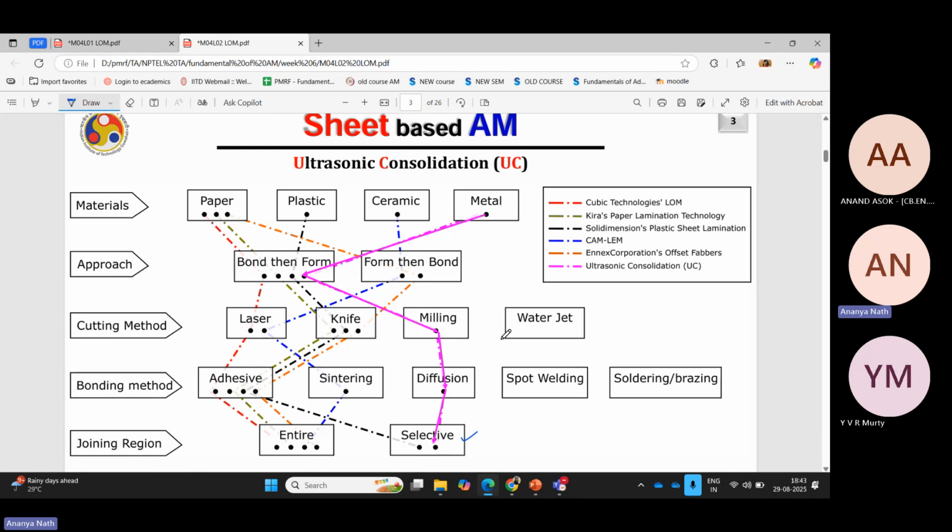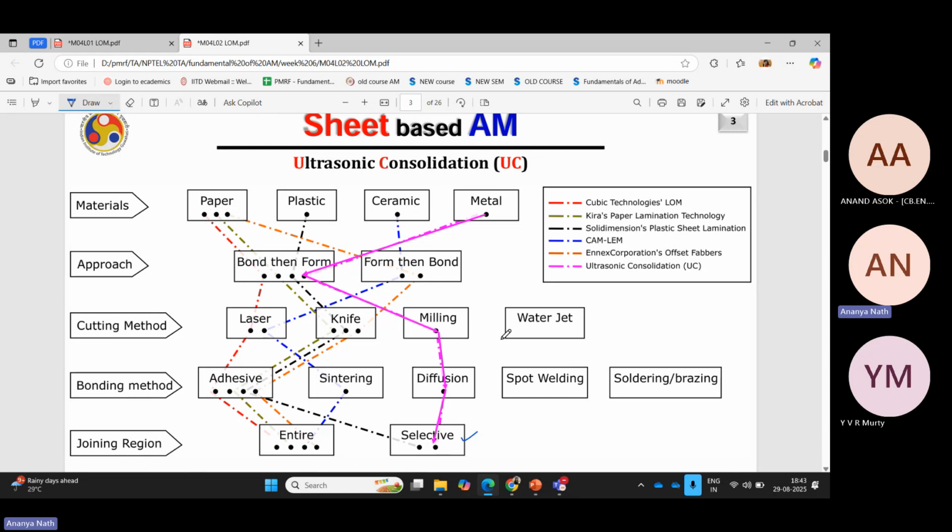After joining the selective region, for each layer or each 5 layers, I can remove the excess material. And to remove the material, laser will be quite costly because it's metal. We need a higher power laser. So I can go for a milling operation.